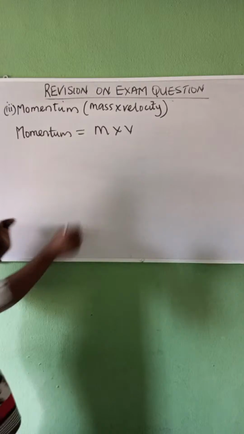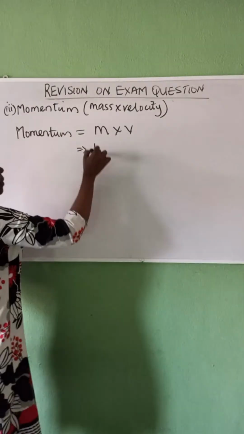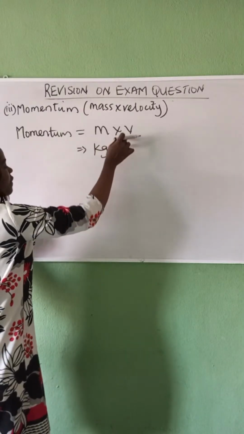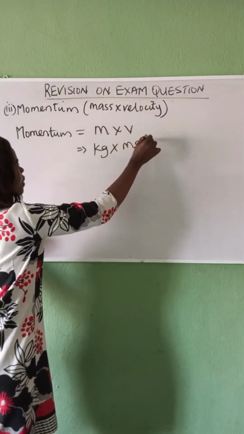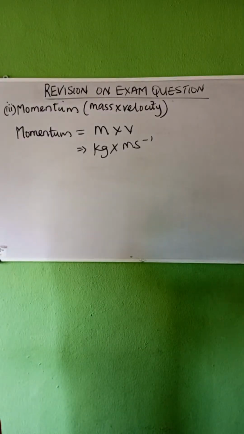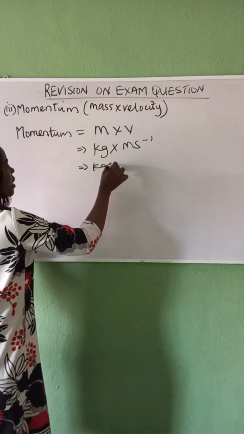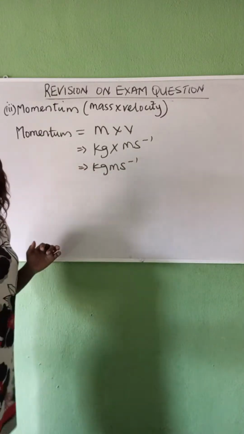Velocity, right? Now, what's the unit of mass? Unit of mass is kilogram. Our unit of velocity is meters per second. Is that clear? Now, let's just bring it together to get the units of momentum by saying that this is kilogram meters per second, right?